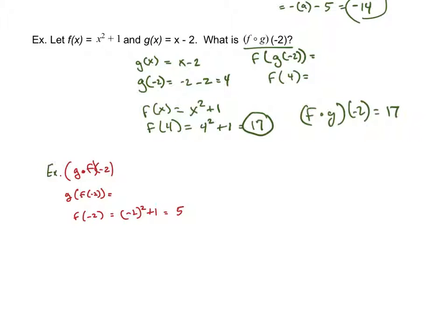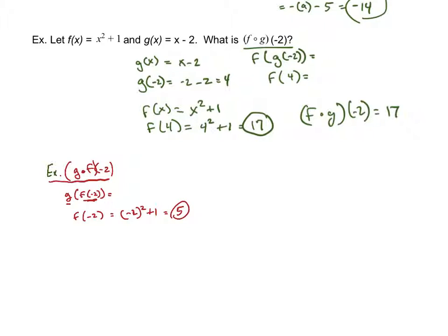Now if we threw in another example and I said, find g of f of negative 2, you can see that it's not f of g, it's g of f of negative 2. So I use the f function's output as the input of g. f of negative 2, replacing my x with negative 2, is going to be 5.